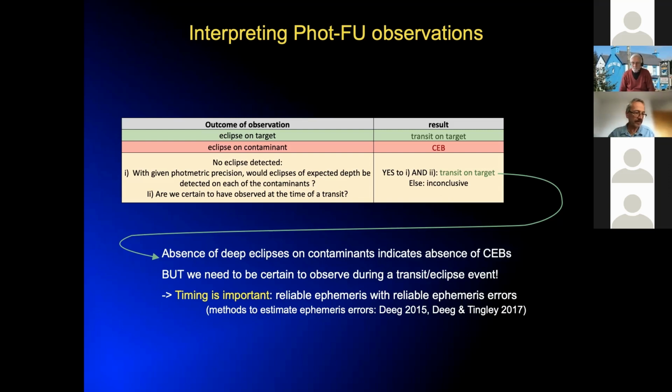And then we can easily lose that transit. So we cannot conclude anything from non-detections. We can still attempt to do these observations to see if maybe we can catch an eclipse of either the target or of the contaminating or nearby stars. But if we don't see anything, it's not conclusive.